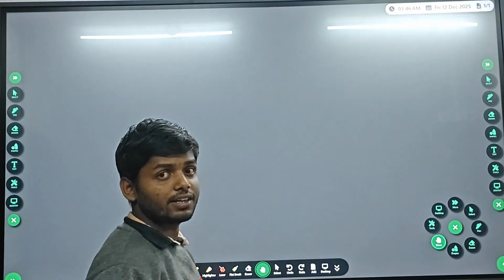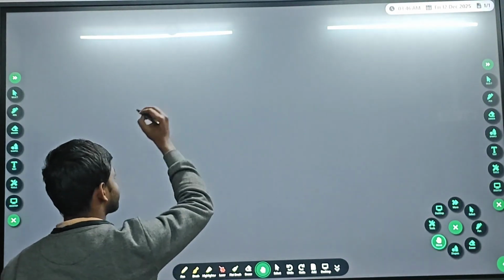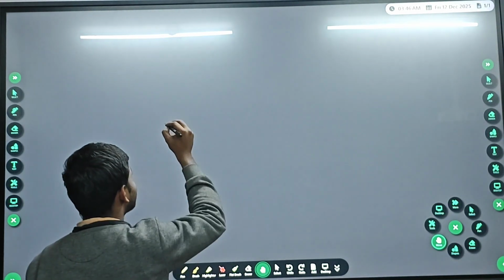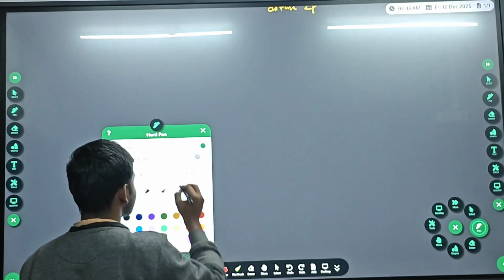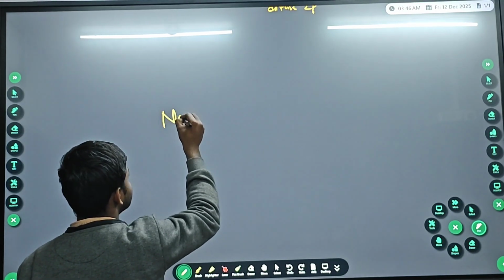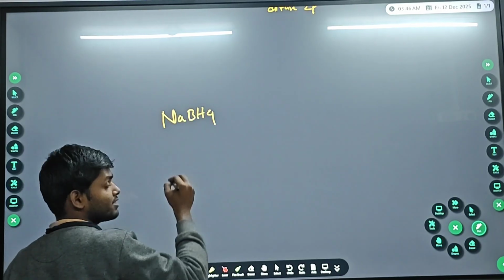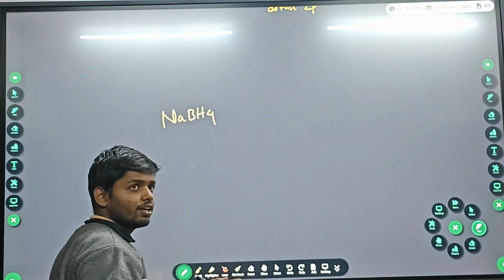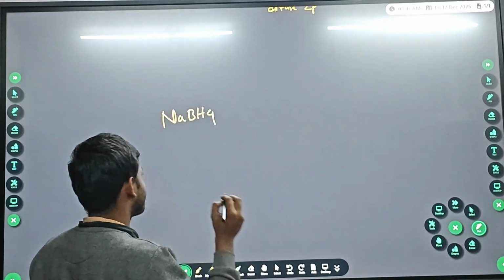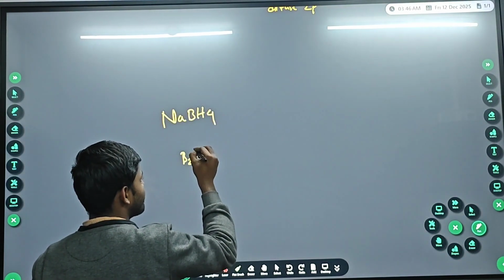So what does sodium borohydride look like? This is the sodium borohydride. How do you make sodium borohydride? It's a very simple reaction. I think you have gone through it in the inorganic section. Sodium borohydride comes from borane, diborane.